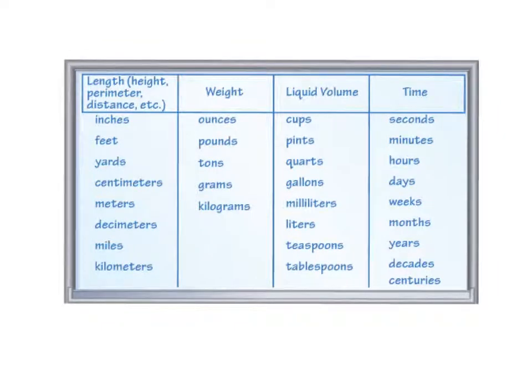Okay, so here, let's look at some of the different measurements and the different ways that we can list measurement. So if we're talking about length, and that includes height, perimeter, distance, any of those. We can talk about inches, feet, yards, centimeters, meters, decimeters, miles, and kilometers. Okay? So that's like how far something is, or how long something is. So if you're talking about how big a piece of paper is, you might use inches.